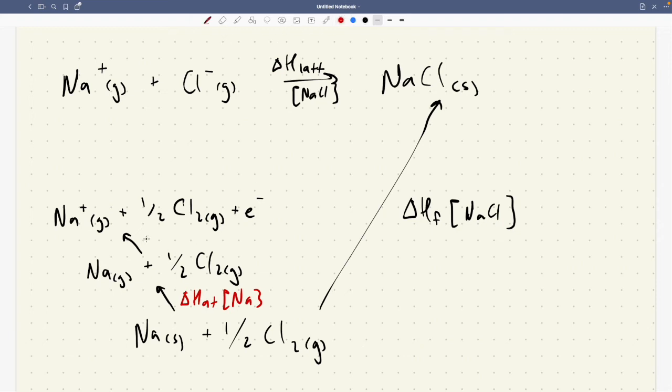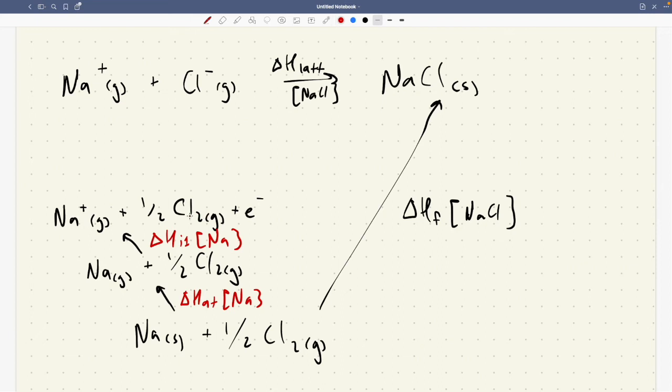So this here is going to be our ΔH of ionization energy, our first ionization energy. We've only got one ionization energy for sodium, or to make the 1+ ion anyway. So it's going to be that enthalpy change there. All right, so we've got our sodium where it needs to be. We've got a sodium ion in the gaseous state.